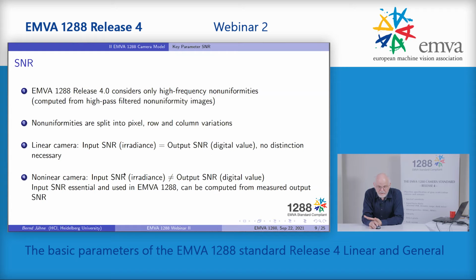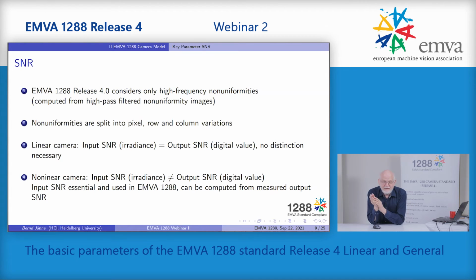Then the input SNR, that means the variance in the irradiance, is not equal to what we measure at the output. What we are interested in, of course, is how well we can measure the irradiance and how much it is changing. So what is really essential is the input SNR and not the output SNR. But unfortunately, we can only measure the output SNR directly.